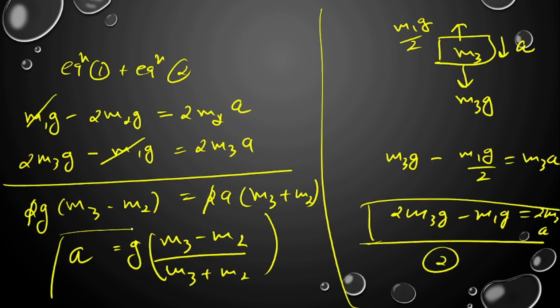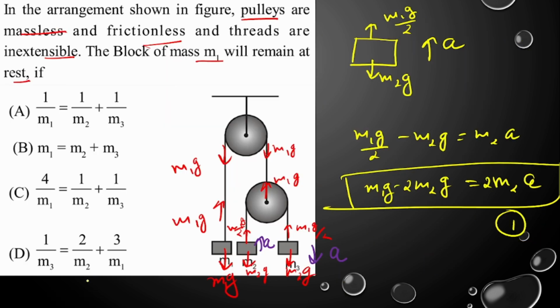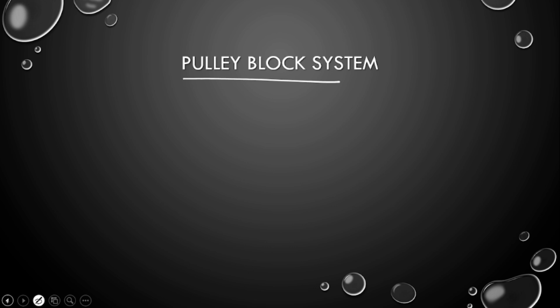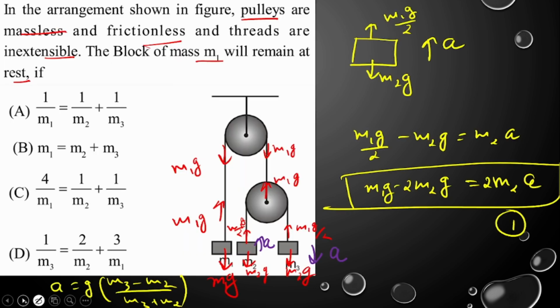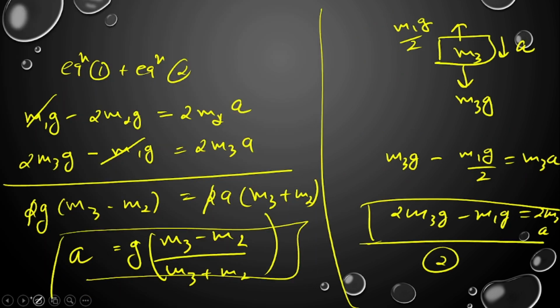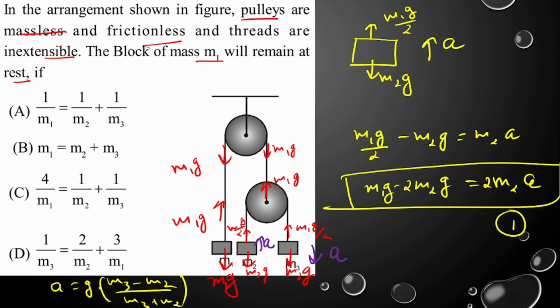Applying the acceleration in this equation, the acceleration we got is a equals g(m3 minus m2) upon (m3 plus m2).